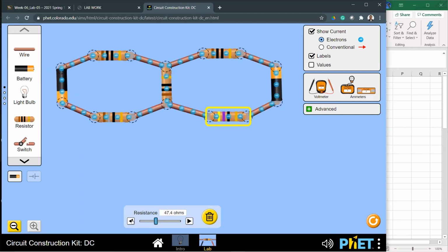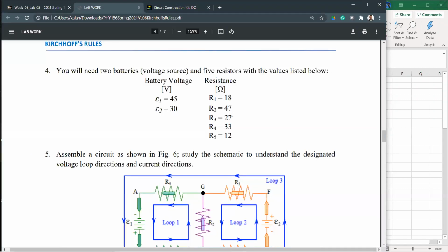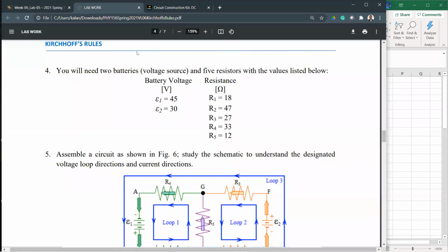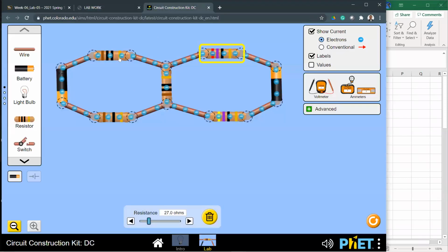R3 is the right top resistor, which is 27. And then R4 is the left top resistor, which is 33.